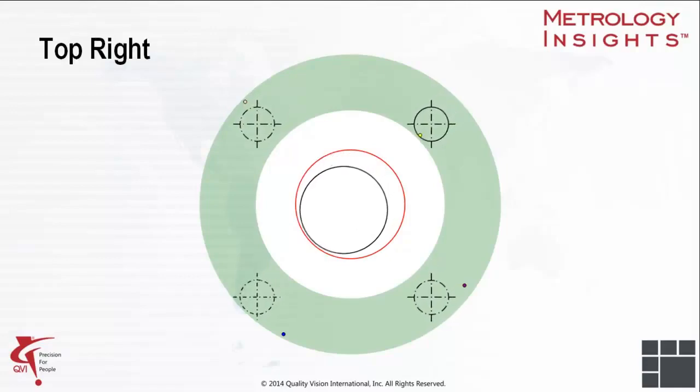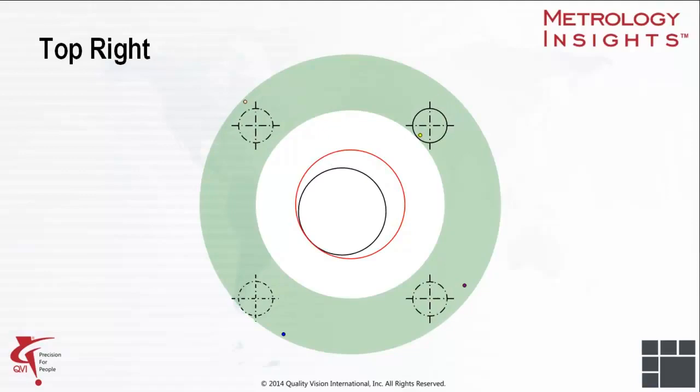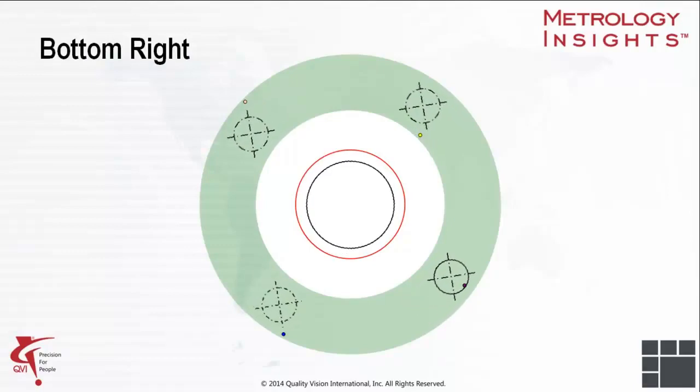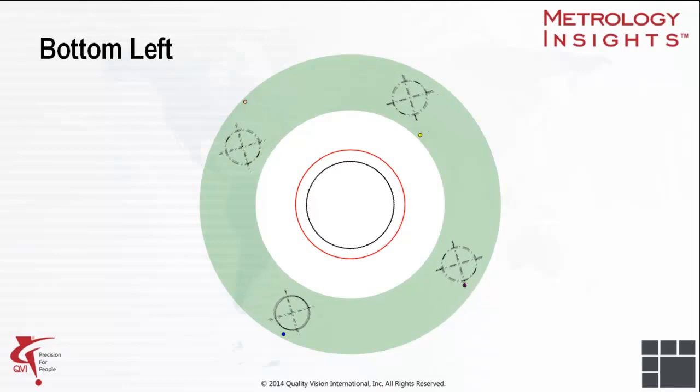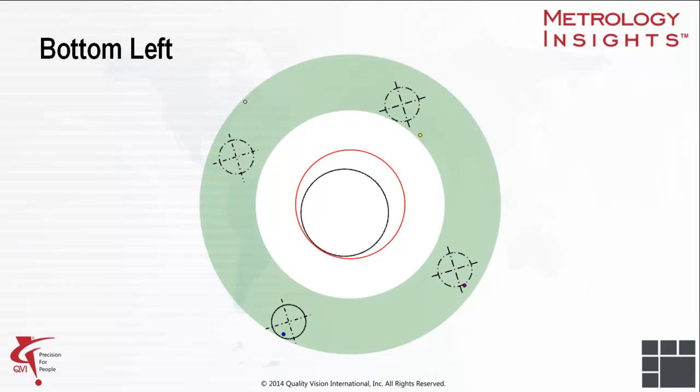Similarly, we can just translate the top right tolerance zone as much as we can in X and in Y in order to bring the axis as close as possible to nominal. Again, all other axes are out of tolerance. To take care of the bottom right point, we could rotate the gauge and then translate it in X and Y. This would bring the point as close to nominal as possible. Similarly, the last axis point could be brought as close to nominal as possible by a rotation and a translation.